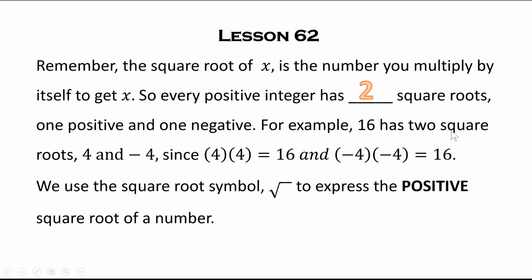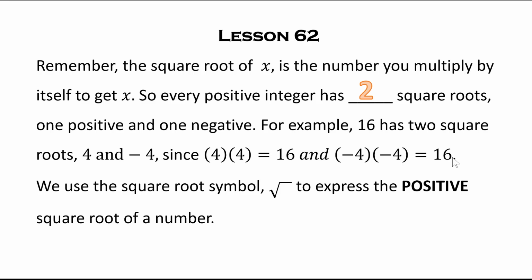For example, 16 has 2 square roots, 4 and negative 4, because by the definition, the square root of 16 is the number you multiply by itself to get 16. So 4 is a square root of 16 because 4 times 4 is 16. But negative 4 is also a square root of 16 because negative 4 times negative 4 is also 16.